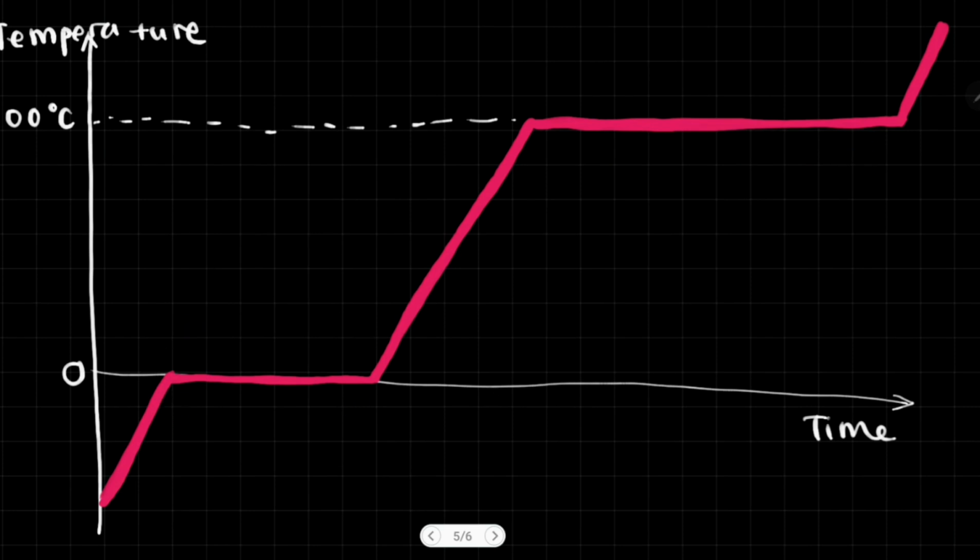And that's because of the specific latent heat of vaporization. So remember, specific latent heat is how much heat is required to change the state of a certain matter without changing its temperature. Now, that amount for the melting point as well as the boiling point, they're actually different. And for most substances, to boil a certain substance, you need to put so much more energy than to melt it. And that's why it takes so much longer, because you need to put in more energy to break bonds completely.